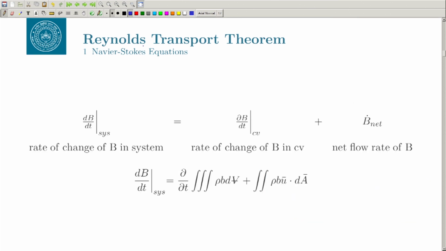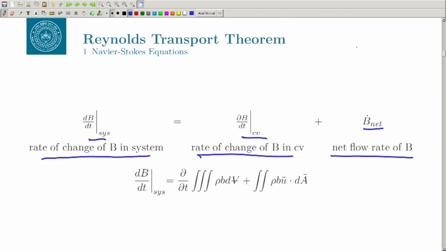You can see that your d by dt of the system, which is the rate of change of B in the system, is equal to the rate of change of B in the control volume plus the net flux or net flow rate of B, which is B dot net. If you want to write this in the integral form, this is dB by dt of the system.